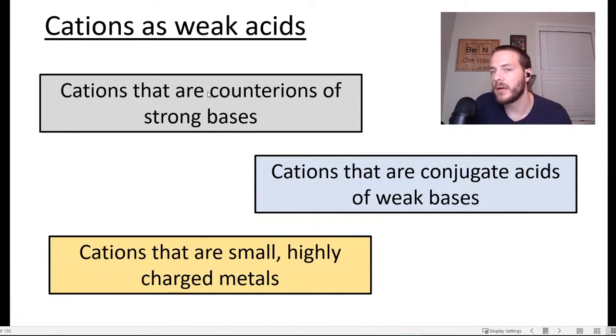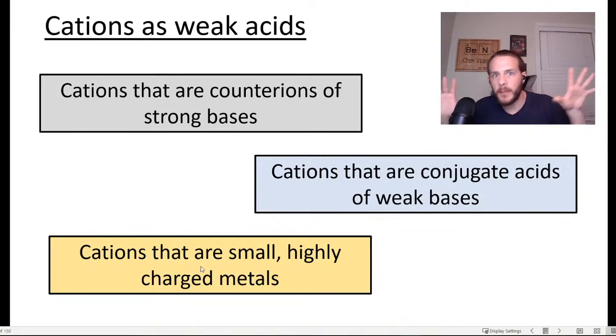So counter ion of a strong base, that just means the cation that is paired up with hydroxide in a strong base. So like sodium ion would be the counter ion of hydroxide because sodium hydroxide is a strong base, and so on. Then you have the second category, which is cations that are the conjugate acids of weak bases. And then finally, you have cations that are small, highly charged metals.